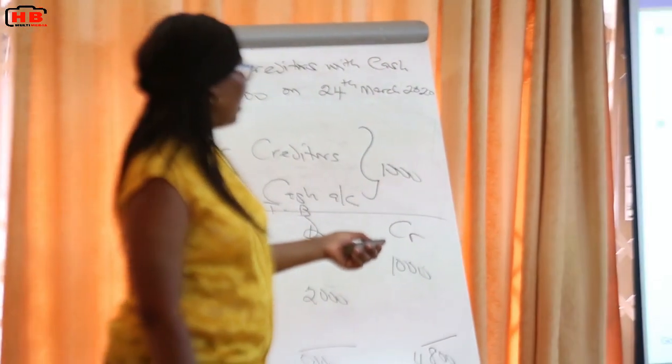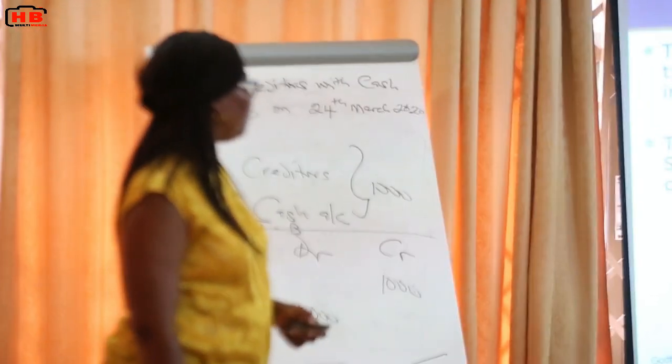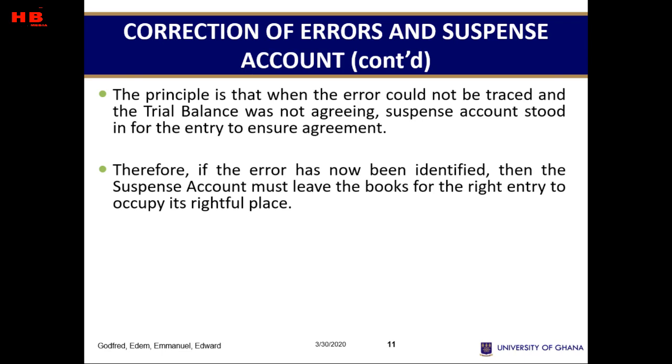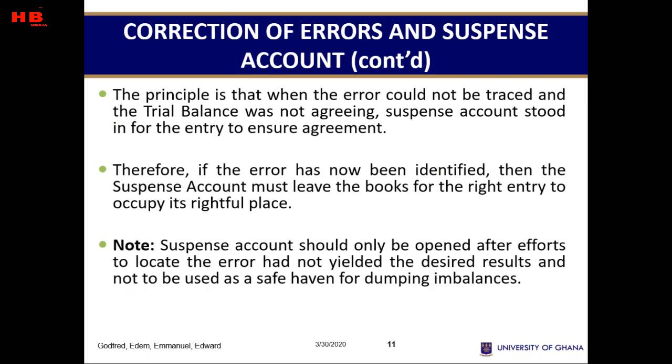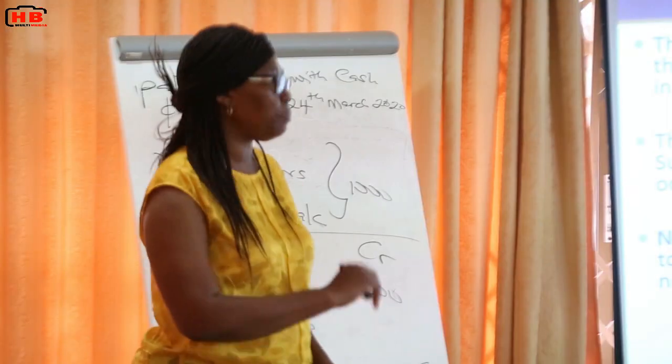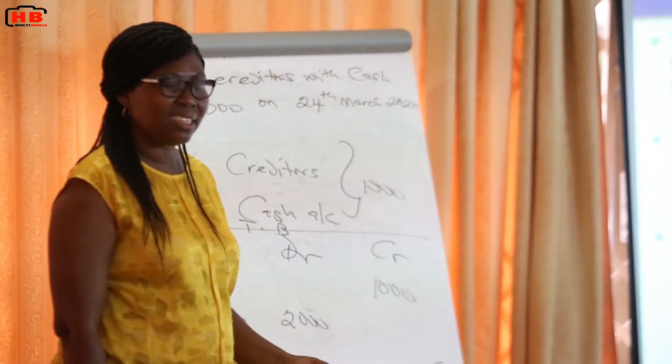So if the error has now been identified, the suspense account, as suggested earlier, will have to leave the books. It is not a permanent account, and it's not supposed to be one. Accountants will have to make a conscious effort to locate the errors, and not treat the suspense account as a dumping ground for imbalances that may occur.